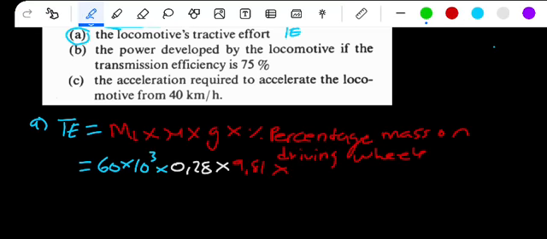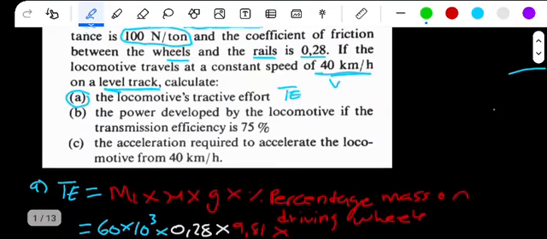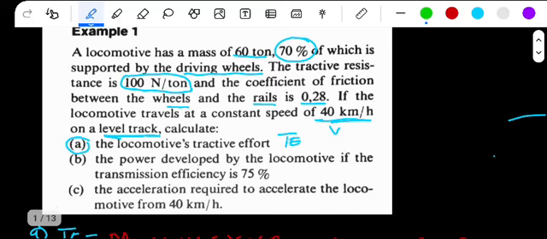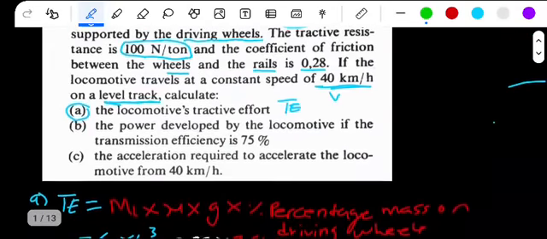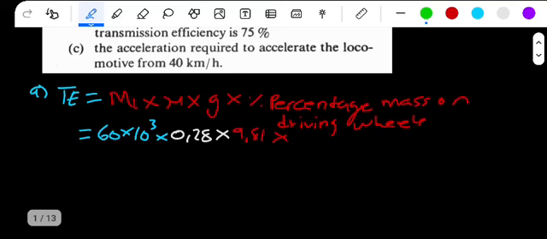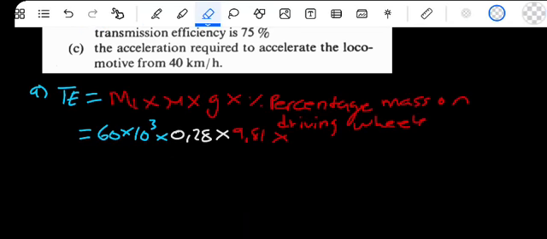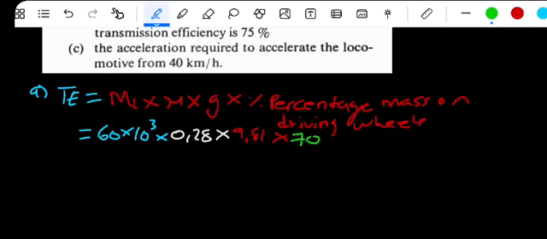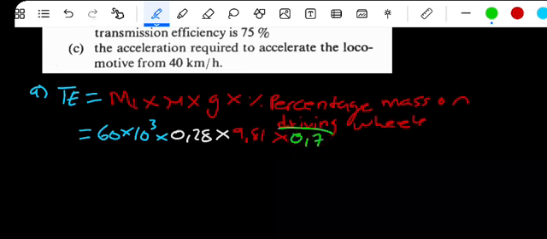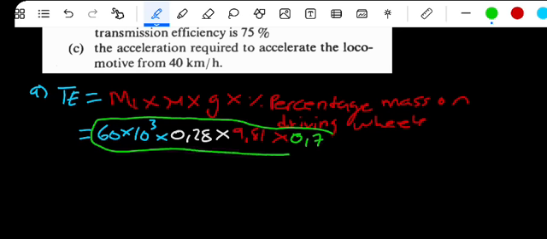You are given 70% supported by the driving wheel. Here the percentage is 70%. 70% is the same as 70 divided by 100, which is the same as 0.7. So we'll multiply by that there.